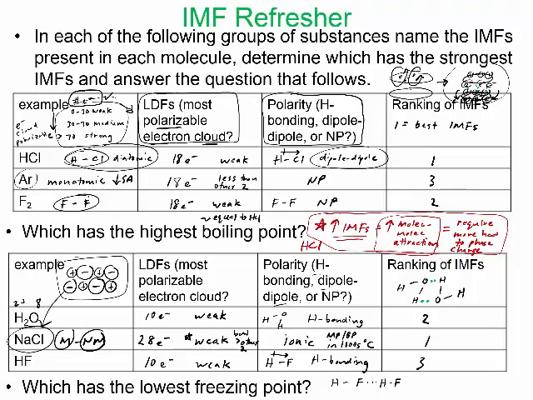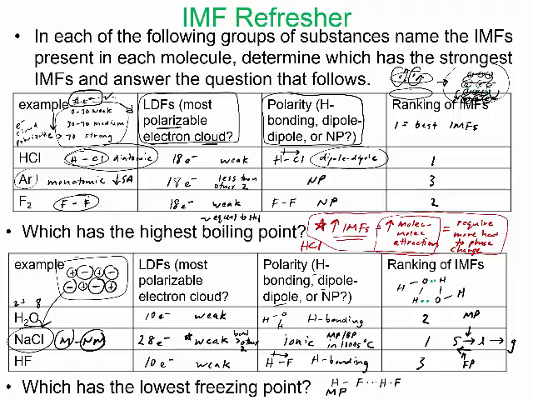So what has the lowest freezing point? Well, I like to think of freezing point in terms of melting point. Freezing point and melting point happen at the same temperature, but they're just opposite in direction. If you go solid to liquid to gas, right here is the melting point. If you go the other way, this right here would be the freezing point.